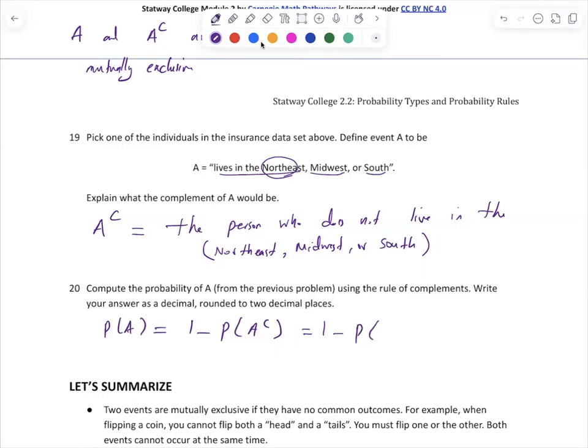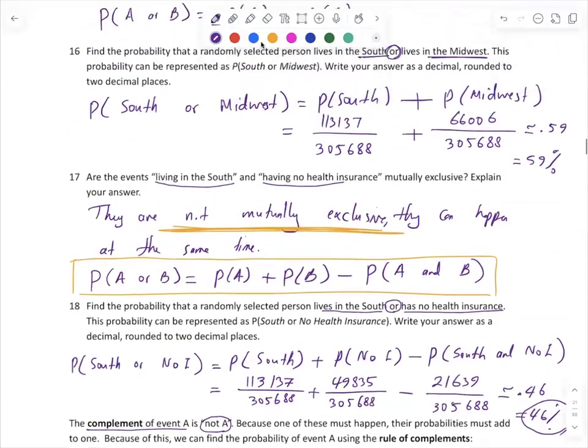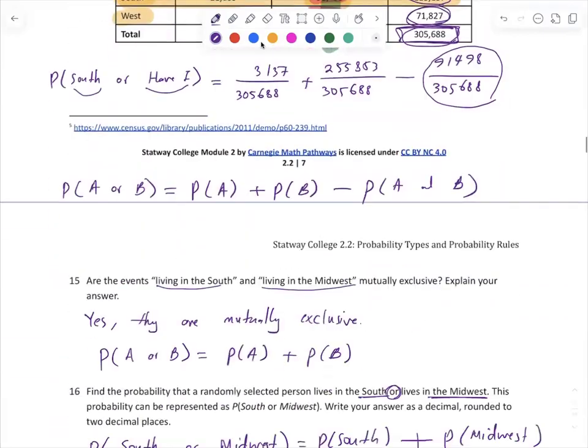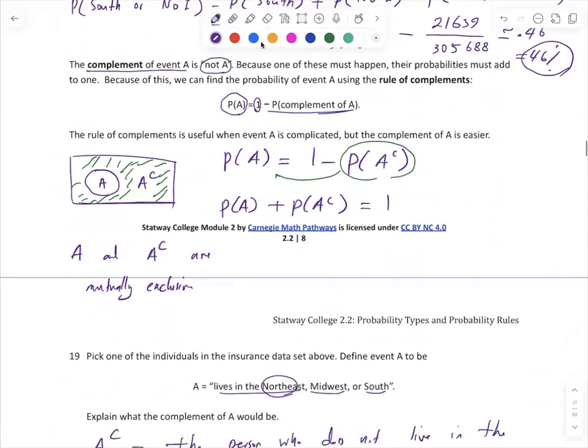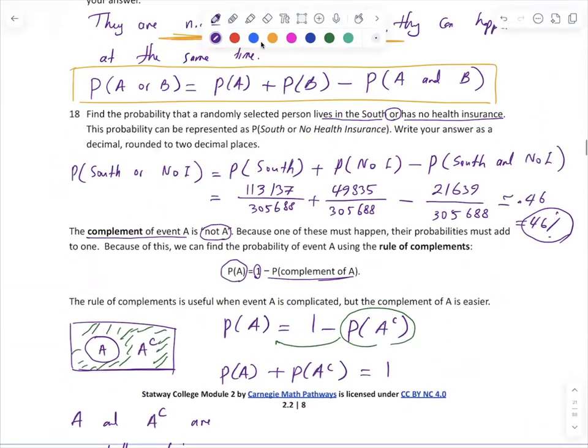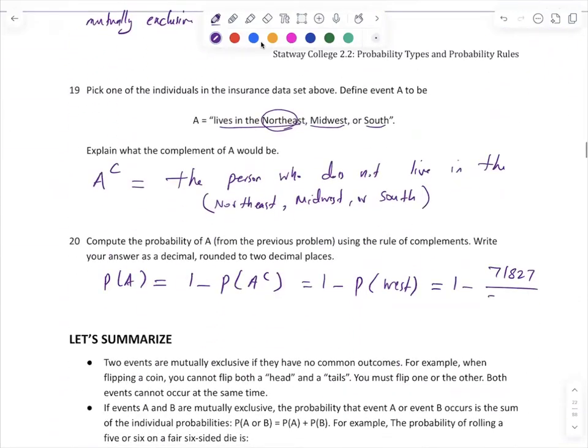So you're finding 1 minus the probability that the person lives in the West, which is 71,827 divided by the total. The total was 305,688.